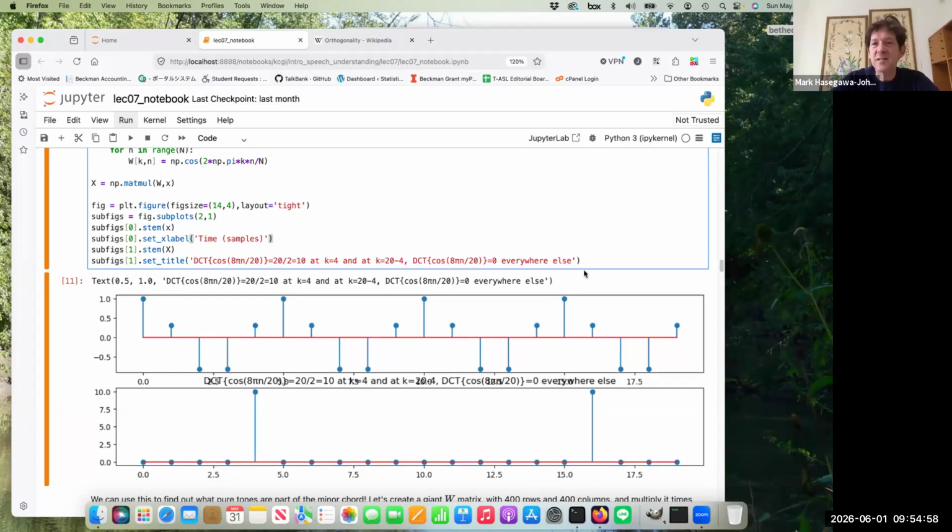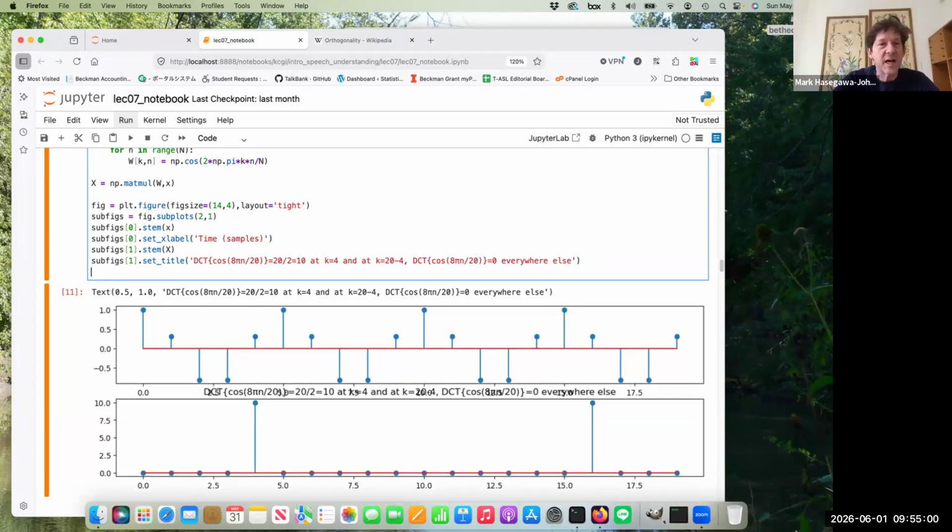The axis label for subfig 0 is time, and the axis label for subfig 1 is frequency, measured in the number of periods per 20 samples. And let me give it a little bit larger space.